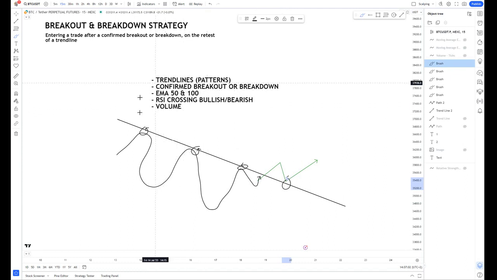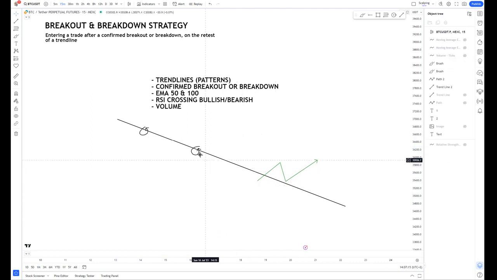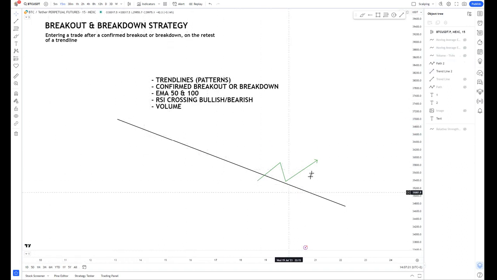Best case is the EMA 50 and 100 you use for confluence. I use them in this way that if you want to go long, you should always make sure that the EMA is below price. So if price is breaking out, you want the EMA 50 and 100 to be below the price because they will act as support.